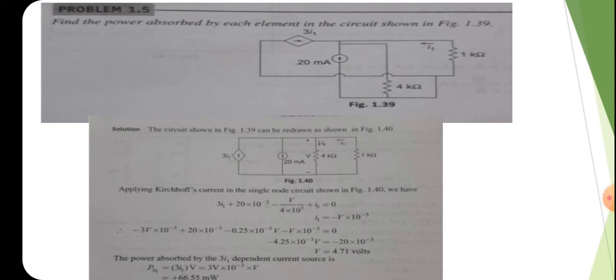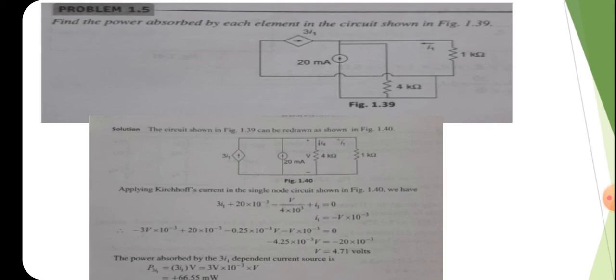You can redraw the circuit. First you draw 3I1, and you notice that it has two points, an upper point and a lower point. Its upper point is connected to the 1 kilo ohm resistor, and the 1 kilo ohm resistor's other end will be connected to the other terminal of 3I1.